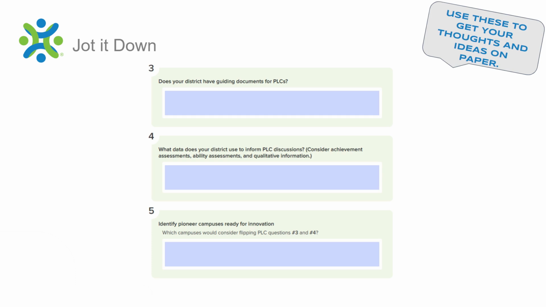Number 5 is a unique opportunity. Some at Solution Tree, which is an organization that provides training and support for having PLCs, have advocated for flipping questions 3 and 4. So imagine this. You identify what you want students to learn and how you will assess to see if they have learned it.